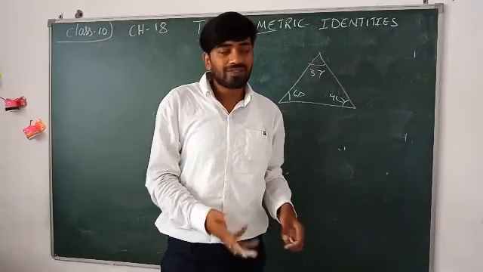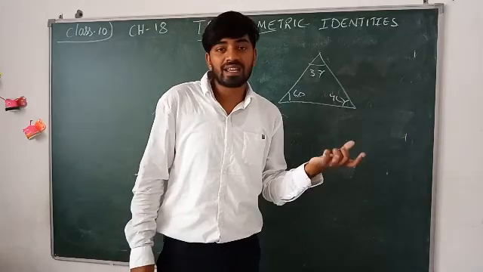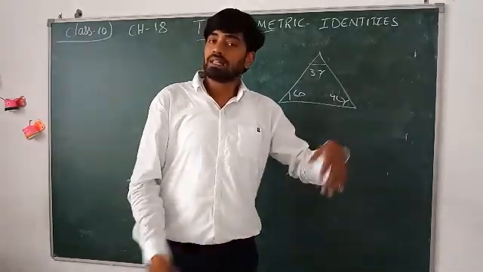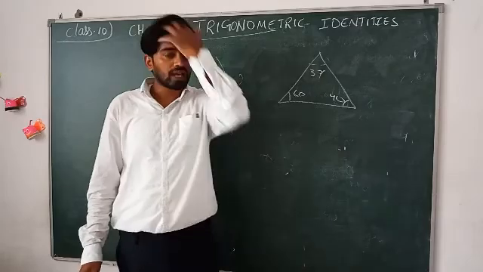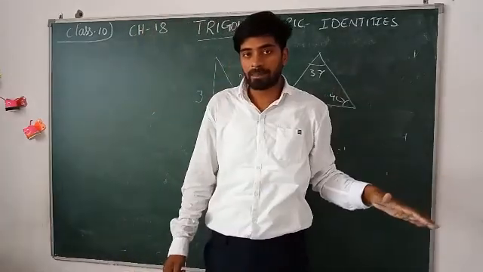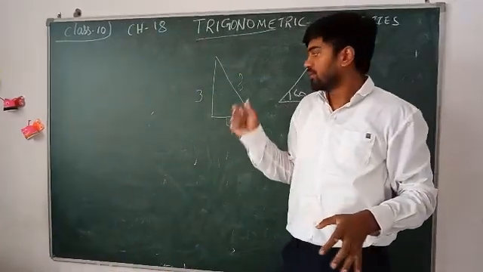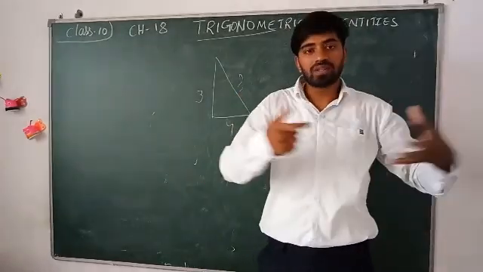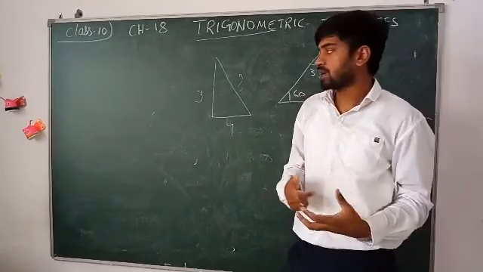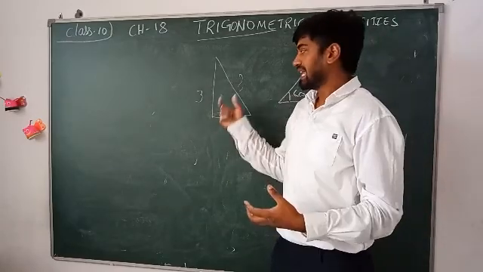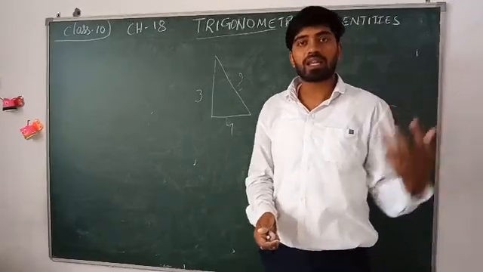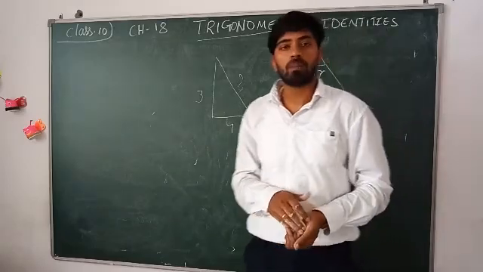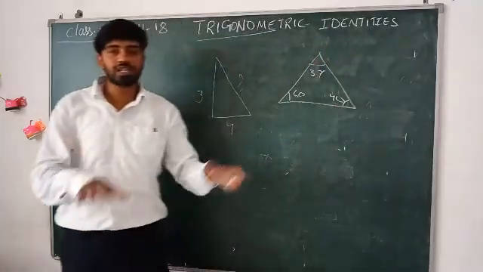If the angle is given, you can find out the sides. If the sides are given, you can find out the angle. In smaller classes, there was no chapter which connected the angle with the sides, but this chapter does. It helps you figure out the lengths that are not given. That is what trigonometry is all about, especially in class 10.